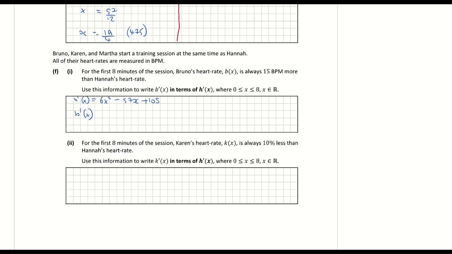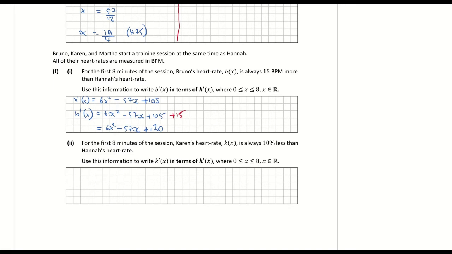So basically all I have to do here is take Hannah's and add on the 15 extra beats, so plus 15. So Bruno's heart rate is going to be 6x squared minus 57x plus 120.